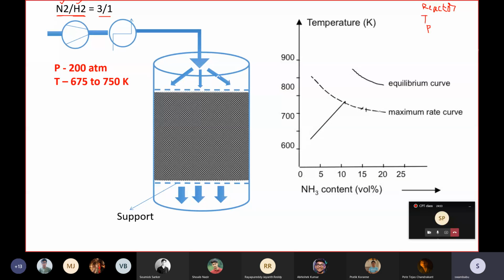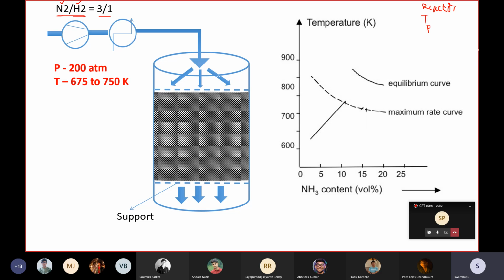Here, I have kept a graph showing how the ammonia content varies with respect to temperature. It is the same graph I showed earlier in the previous slide, temperature versus conversion. But in the previous graph, the y-axis had ammonia content and the x-axis temperature.